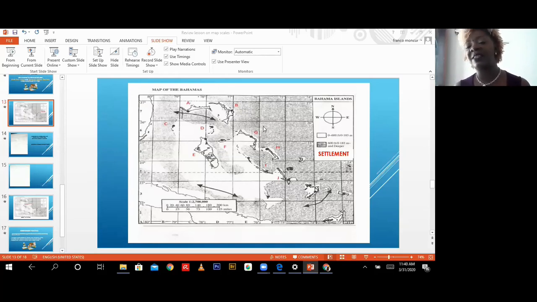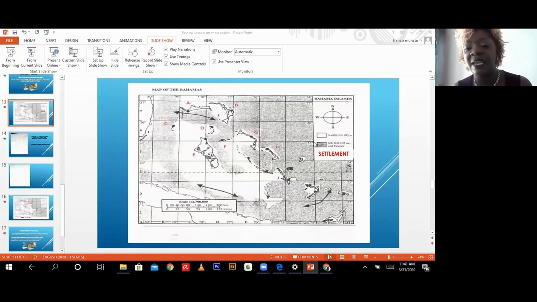Sometimes there's a question on the BJC that asks, what's the depth of the water between the islands of Andros and Exuma, for example? How would we figure that out? Because in your mind, you would be like, well, I really don't know. Well, the answer really is you do.